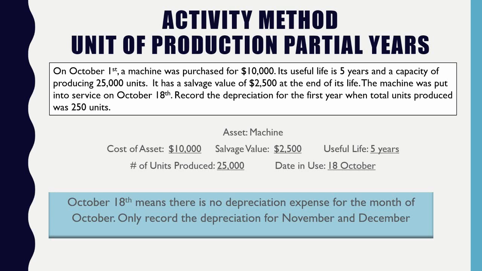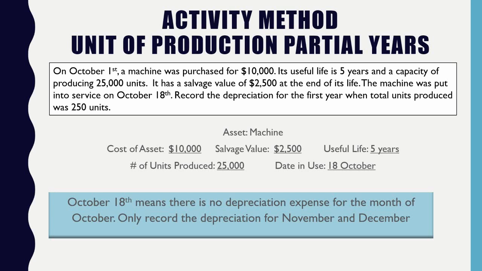Its useful life is 5 years, and its capacity is up to 25,000 units. It has a salvage value of 2,500 at the end of its life, and the machine was put into service on October 18. Record the depreciation for the first year.